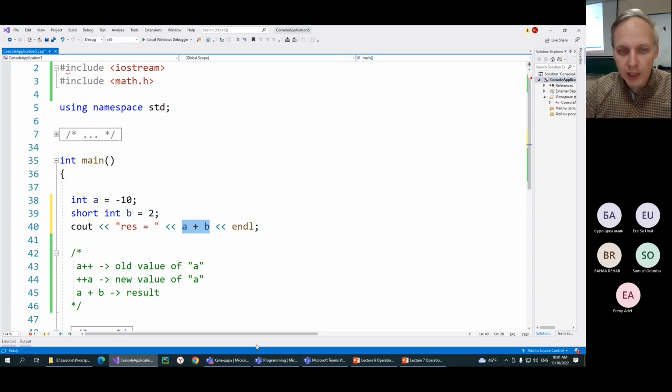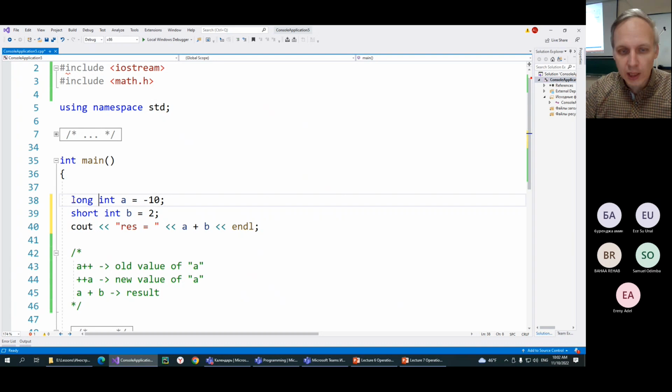Because a and b both are variables of integer types, but a is int and b is a short int. Or even I can write here long int a, and b is a short int. But what will be a plus b?